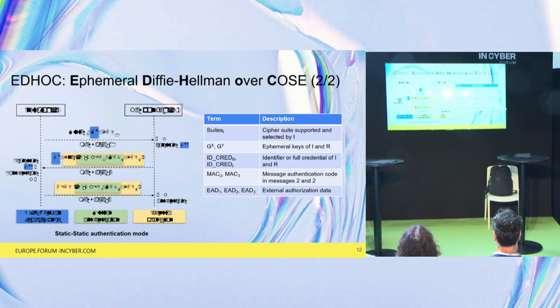There is the mutual authentication of the initiator and the responder here in green. And there is the identity protection of the roles in the protocol that is performed by symmetric encryption during the protocol. The core of this, I repeat, is the SIGMA-I protocol, which has been standardized in many different protocols.